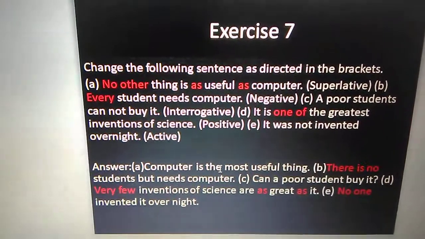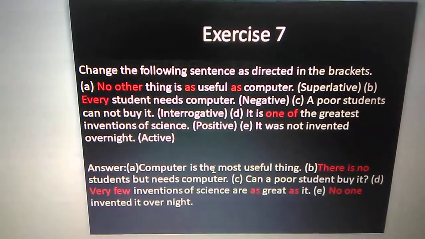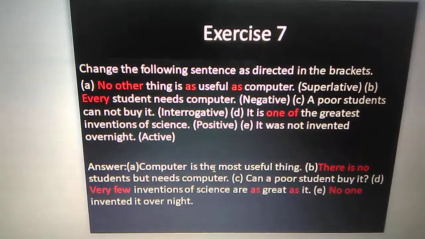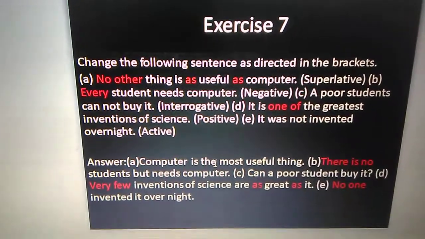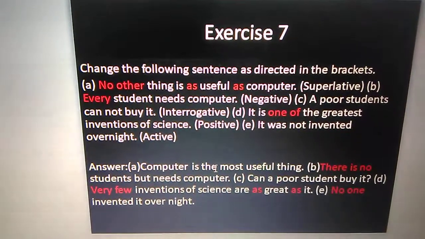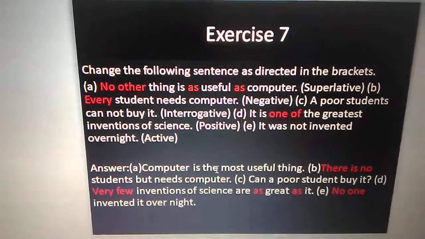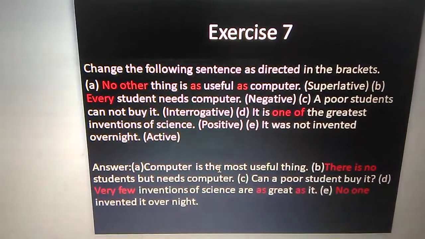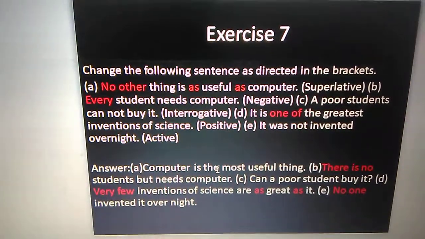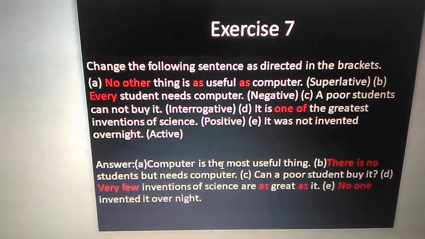Then, it is one of the greatest inventions of science. I already told you in an earlier class also. If you get "one of" and you are asked to make it positive, in place of one of, you use very few. So very few is here. It is one of the greatest inventions of science.